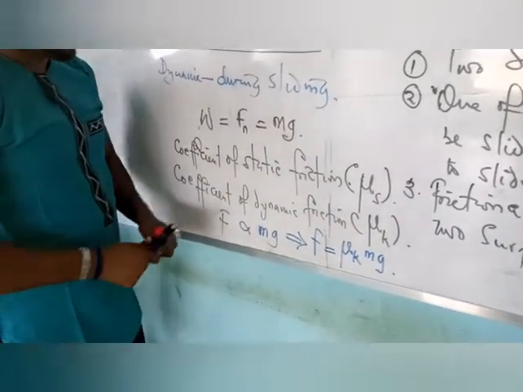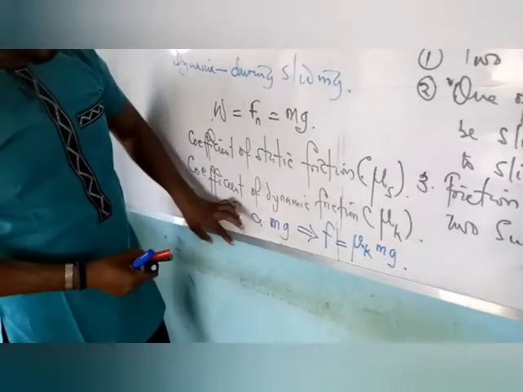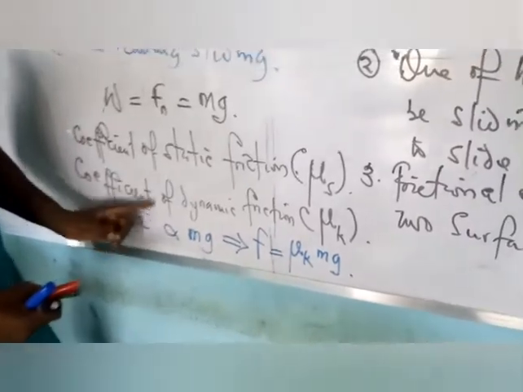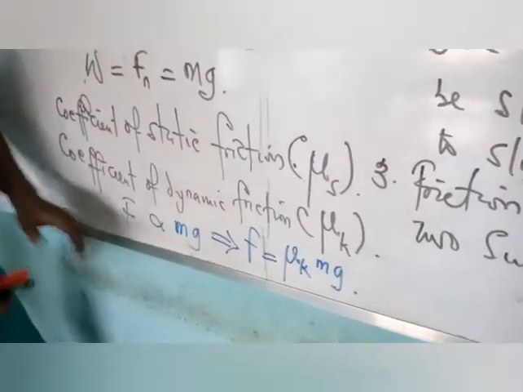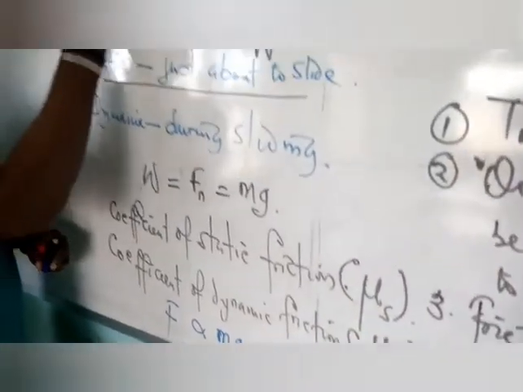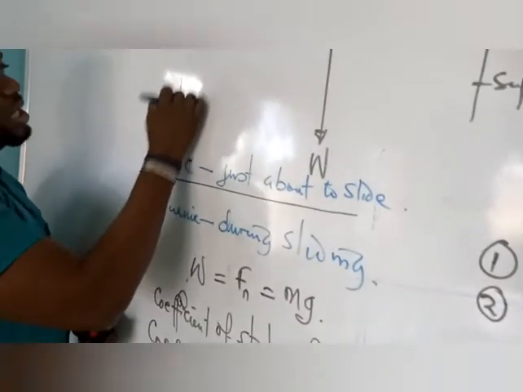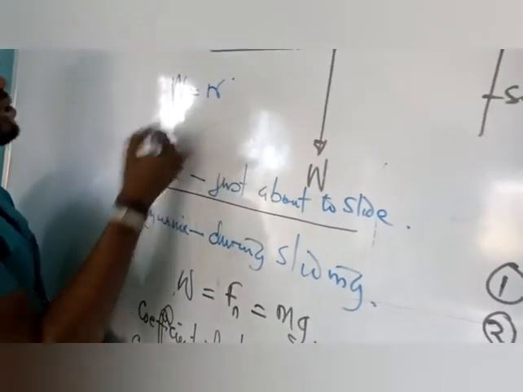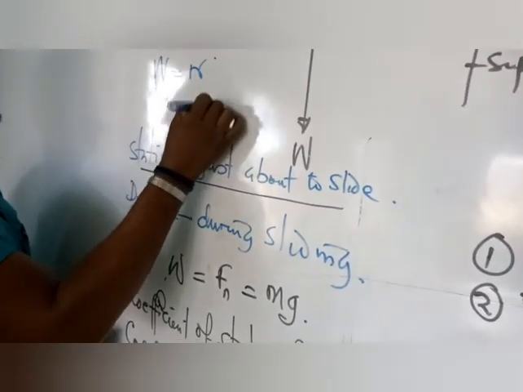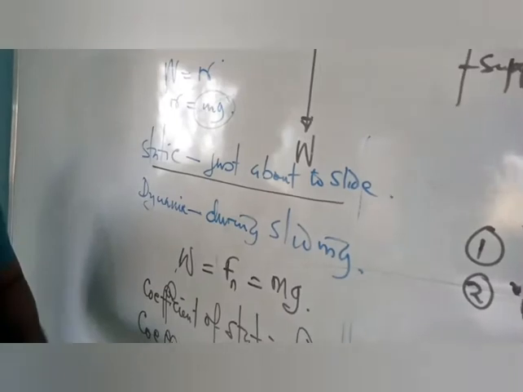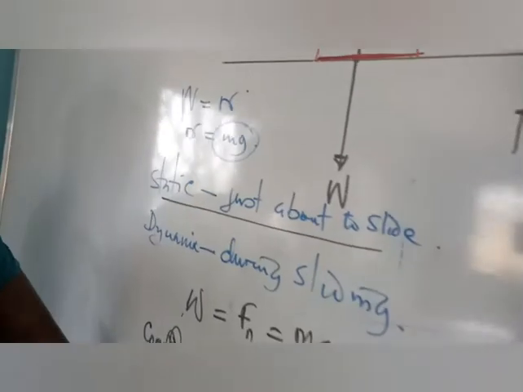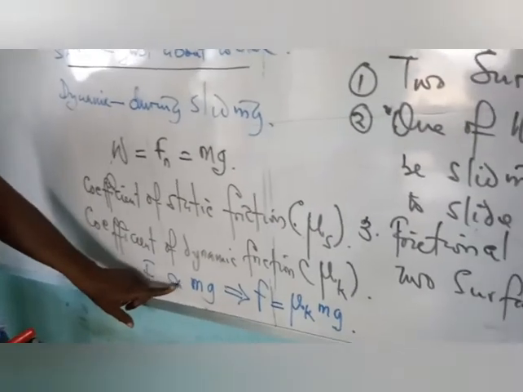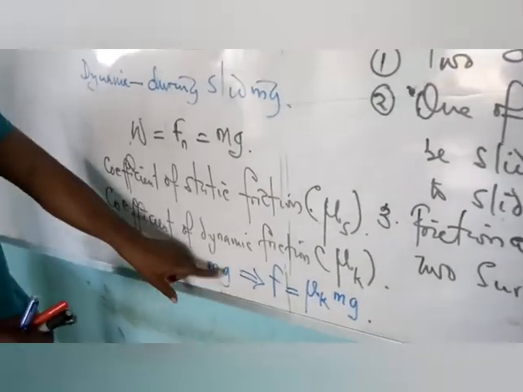I'll take that again because it's quite important. Remember that one of the principles of solid friction is that the frictional force is directly proportional to the normal reaction. In the previous class, we established that weight is equal to normal reaction, so normal reaction is also equal to mass times acceleration due to gravity. Applying that here, the frictional force is proportional to the normal reaction mg.